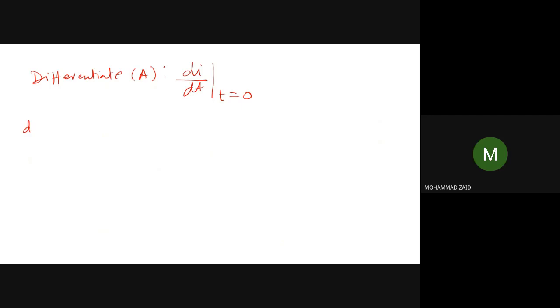So if you differentiate, you will get a long expression: e to the power minus 1000 t, minus 40 sine of 20,000 t plus 20,000 B2 cos of 20,000 t.